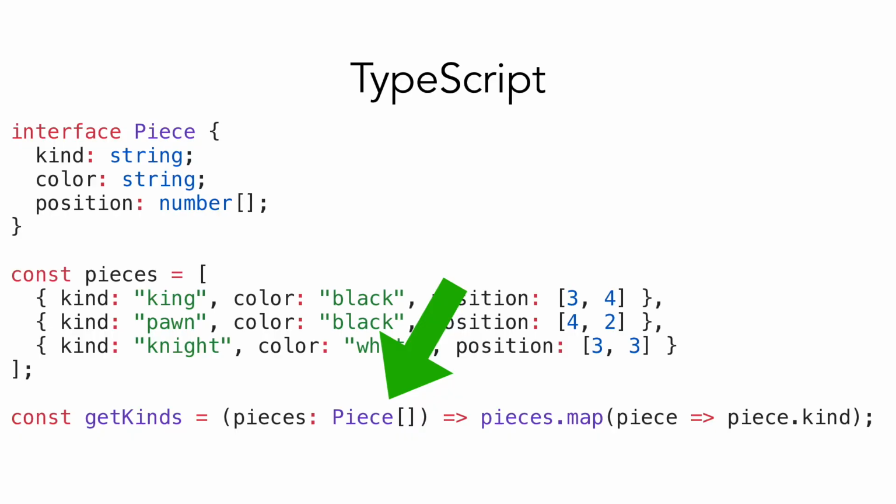But there's one thing that trips me up in TypeScript all the time. It's this piece here. It's pretty obvious that in this scope, in this file, what I'm mapping over here is the pieces. So the compiler should be able to infer that I'm actually using the pieces here.